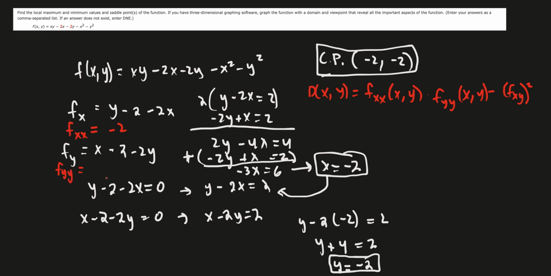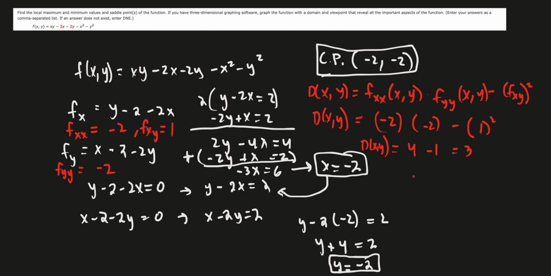For f yy, treating x as a constant, it's minus 2. And then f xy, treating x as a constant, is constant 1. So this gets you to D of x y is equal to f xx, which is negative 2, times negative 2, minus 1 squared. That gets you to the value 4 minus 1, which is 3.